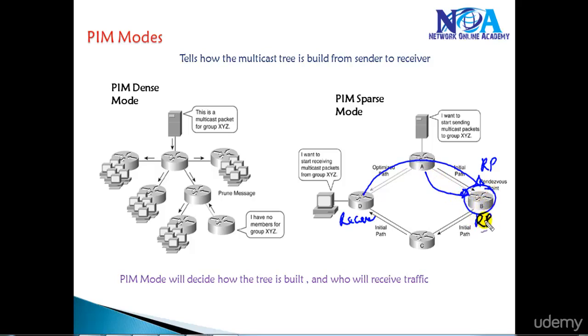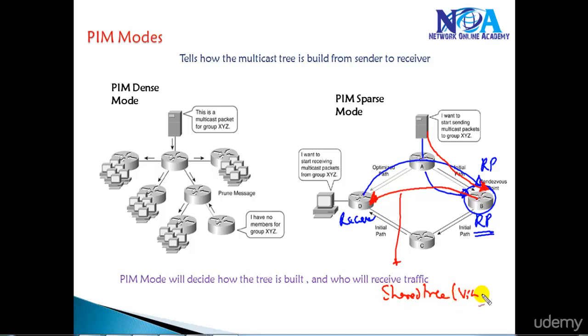The RP is going to maintain the information about both the sender and the receiver, and provide the information on how the forwarding has to go from sender to receiver. In this kind of scenario, initially the traffic will go from the source to the RP, and the RP will send it to the receiver, and this forwarding path or tree which is built here, we call this a shared tree.